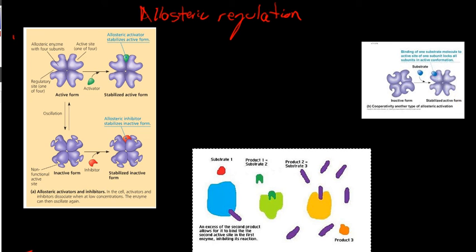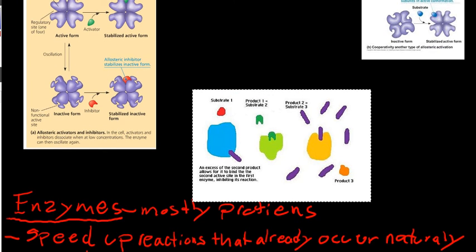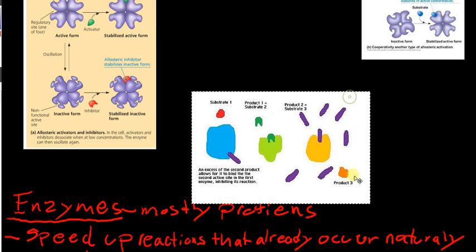And lastly, there is what's called enzymatic feedback regulation. So say we have substrate number 1, and we want to create a specific product. Well, a lot of times, to get to that product, a substrate will have to go through several different enzymatic steps.